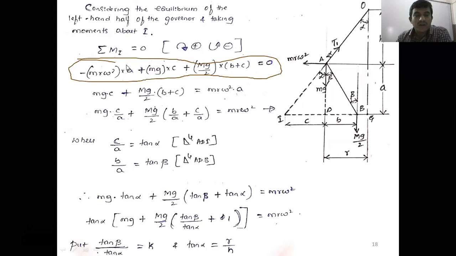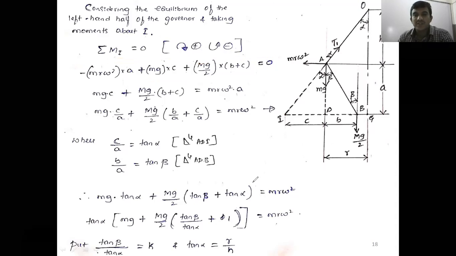Okay, so we are taking moments about an arbitrary point, the instantaneous center point I, equal to 0. Now what sign convention are we choosing here? Clockwise moments are positive, counterclockwise moments are negative. As you know, moment is nothing but force into perpendicular distance.